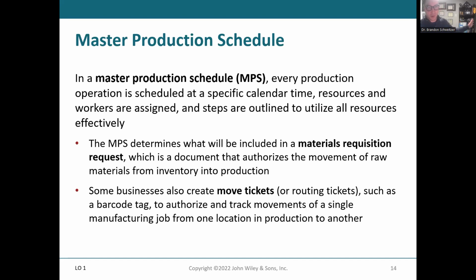And then, of course, we also use the MPS for materials requisition requests. It tells us how much of raw materials we're going to be using in the manufacturing process and when. And of course, we use what are called move tickets when we're moving from one area to another. This is so we don't lose any materials in the process as it's being moved around.